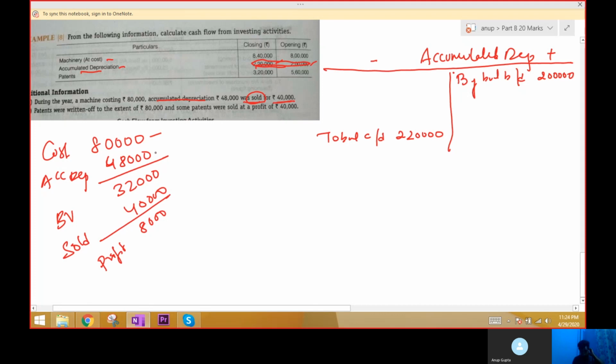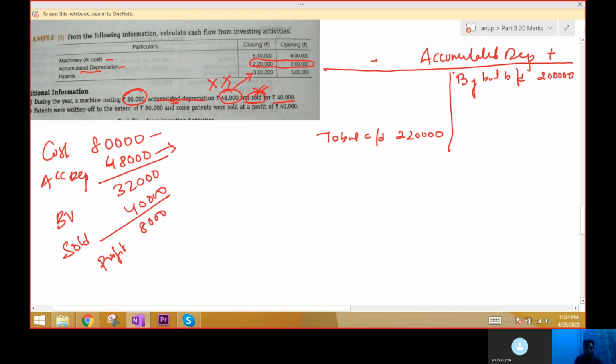For accumulated depreciation we need to take only this. Understand one thing: since this machinery is sold, the accumulated depreciation on this machinery will no longer be required. It was included in the accumulated depreciation of 2 lakh or 2 lakh 20,000, and this 48,000 was already included in it. Now since this asset is being sold, this amount is no longer required.